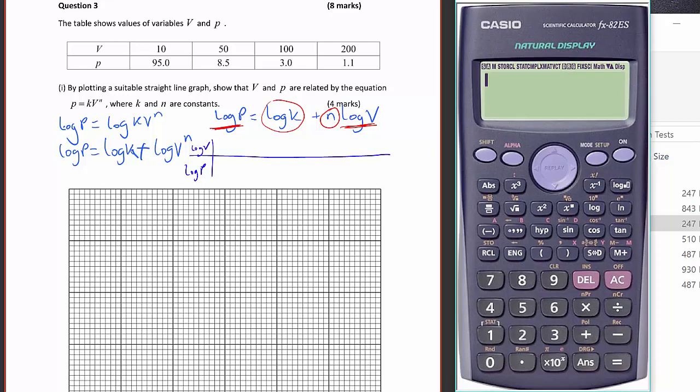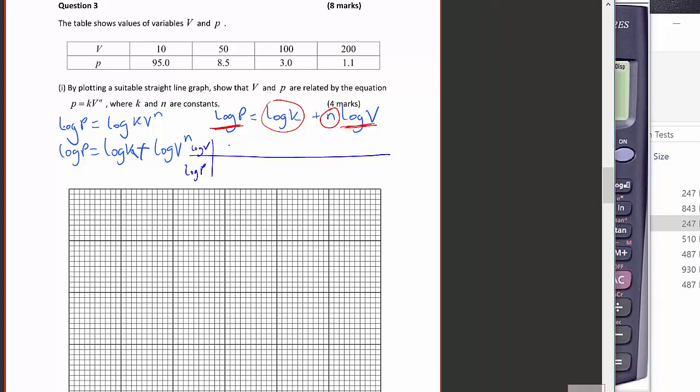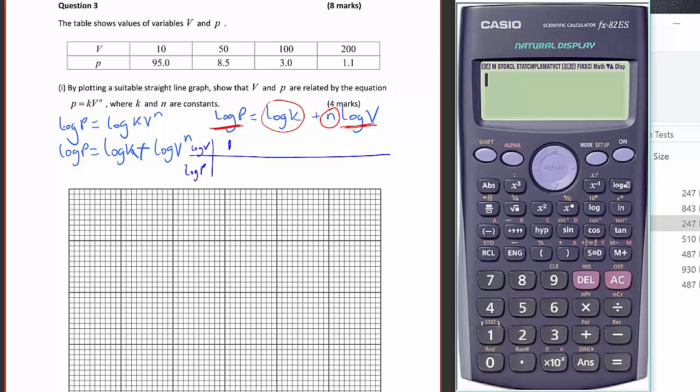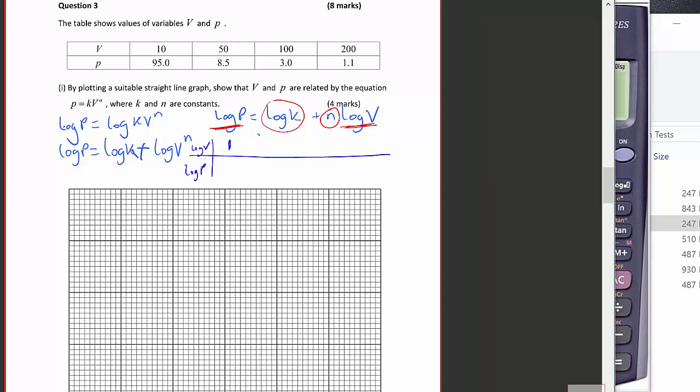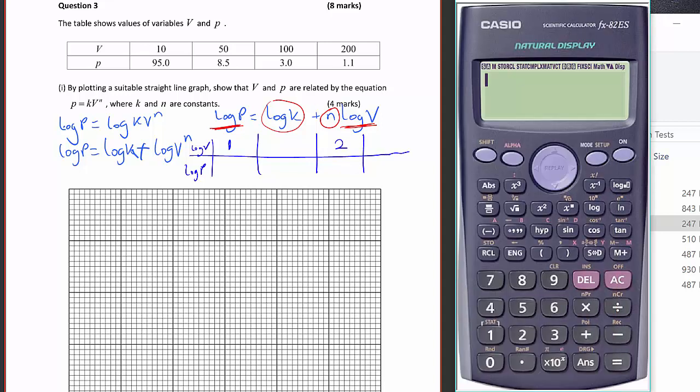Okay, well there's a couple of ones that are really straightforward. So for the v, log to the base 10 of 10 is 1, and log to the base 10 of 100 is 2. So those are straightforward to start with.